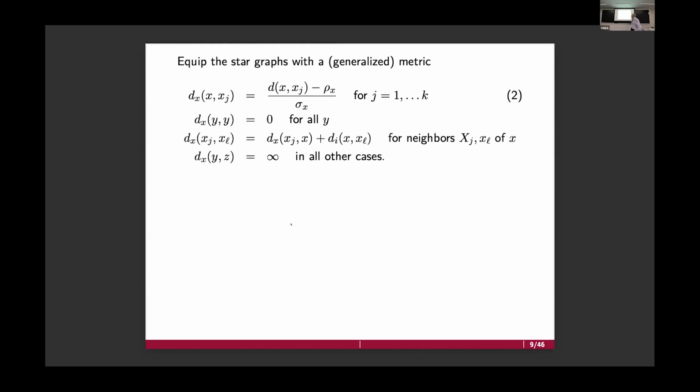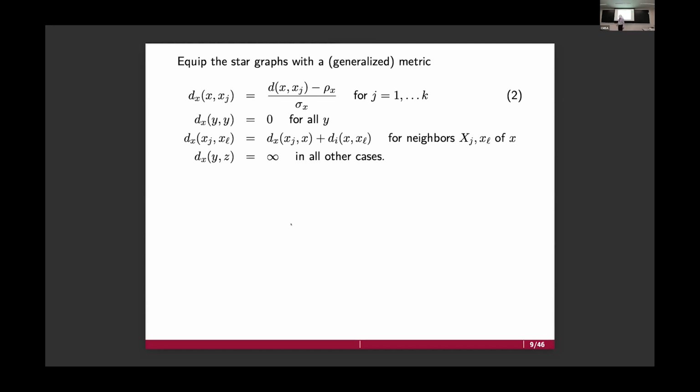So now we are modifying the metric. So D is the original distance. X is the point that we are looking at. X1 up to Xk are its k nearest neighbors.